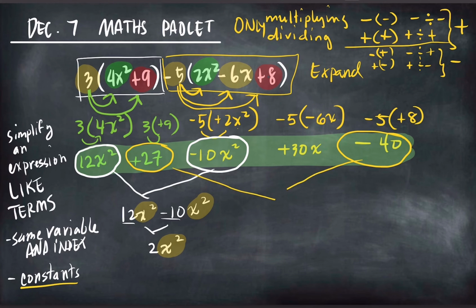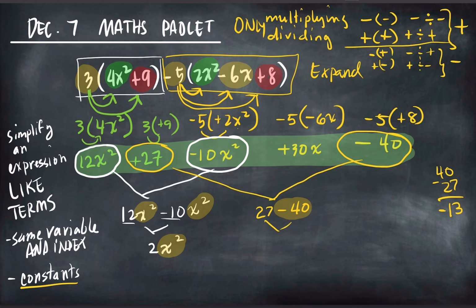So let's put that together. 27 minus 40. Okay? So since 40 is greater than 27, I can just subtract 40 minus 27. So you have 13. Now, remember this, since the greater number has the negative sign, then the answer here will have the negative sign.